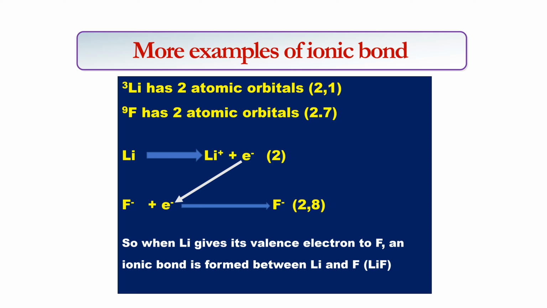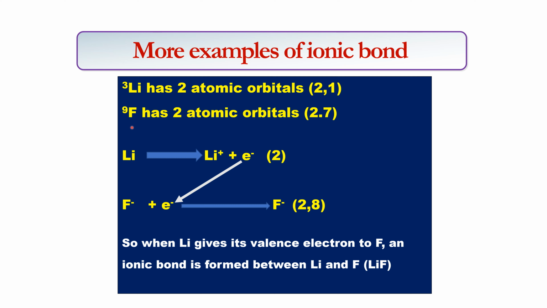Let's look at more examples of ionic bonding. A good example of ionic bonding is found between lithium and fluorine to give lithium fluoride. Lithium, with atomic number 3, has 2 atomic orbitals, and its electronic configuration is 2 for the first orbital and 1 for the second orbital.